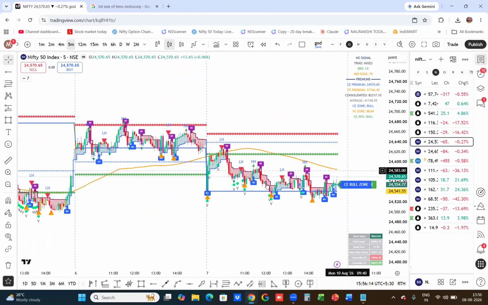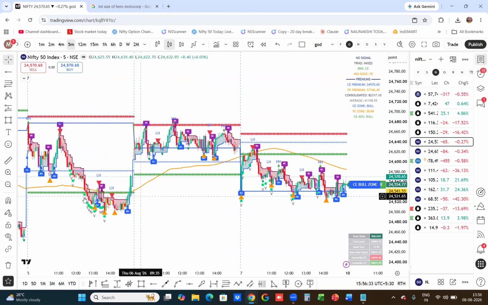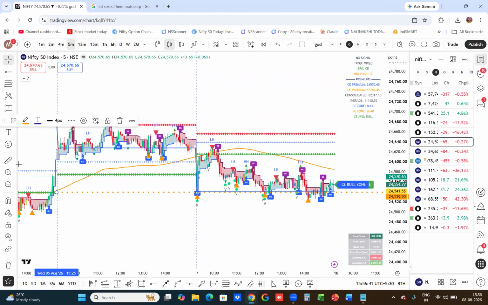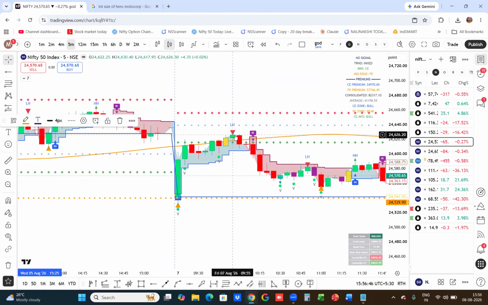See, our Nifty had already fallen here and it fell below the S3, but the reference previous-to-previous S3 was here and it took support. Immediately it started moving higher.